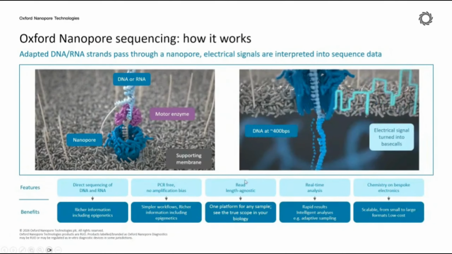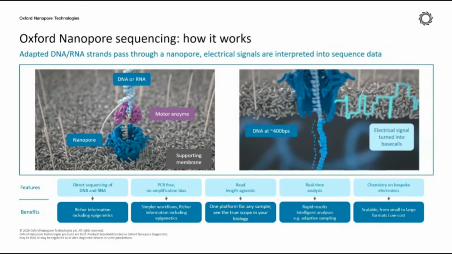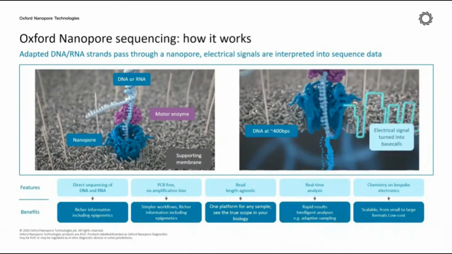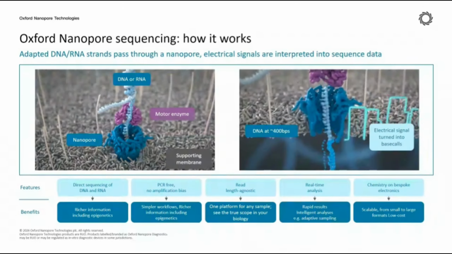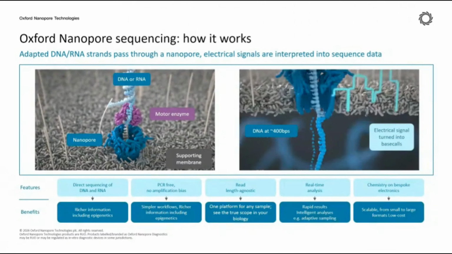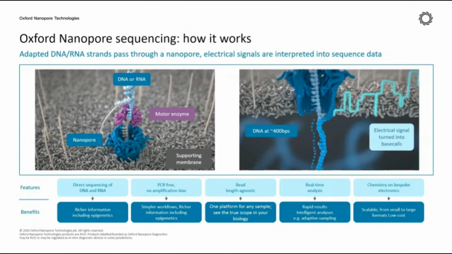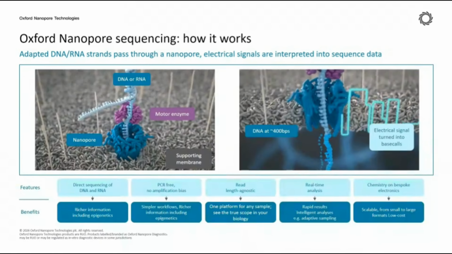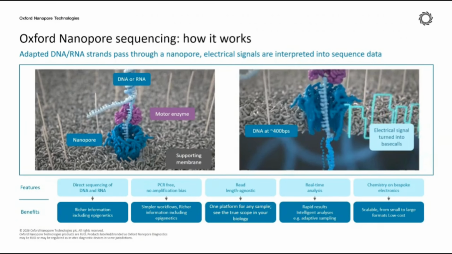This way of sequencing is also read length agnostic. Even though it is called long read sequencing, the technology can sequence any size of DNA fragments. It can sequence as small as less than 100 base pairs, and all the way to a few kb or Mb in size.